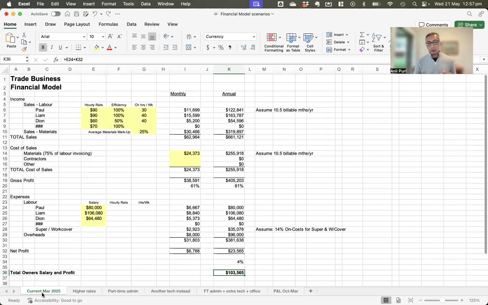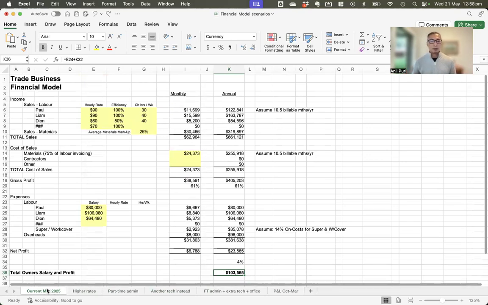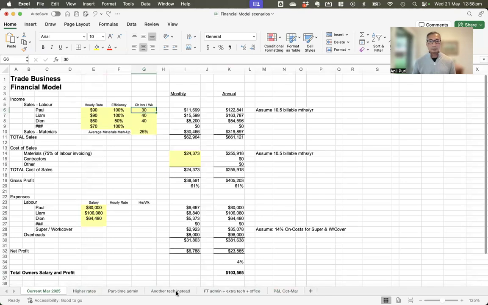Or if it's not a billable person, how much extra time will that admin person allow you to do more billable work? So for example, in here, Paul's currently doing 30 hours billable a week, and he's doing a lot of admin after hours.